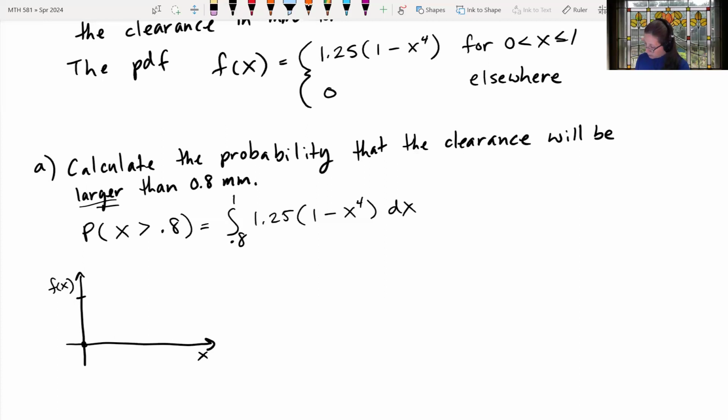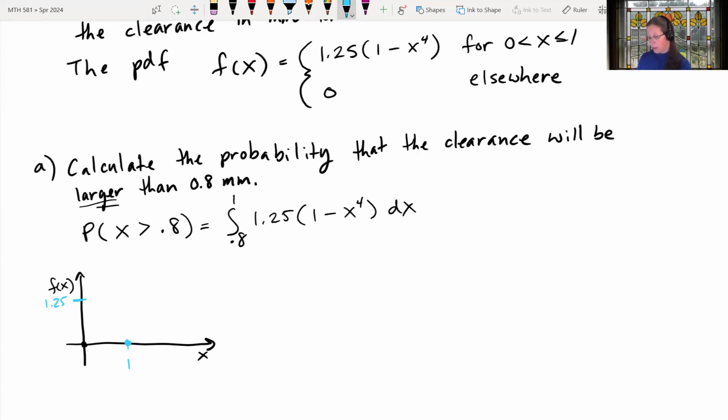And actually, let me use a different color for my graph. And then if I were to plug in, let's say at our boundary point of 1, I have 1 minus 1 is 0. 0 times anything else is 0. So I have another point here. And then this is going to be a quartic function.